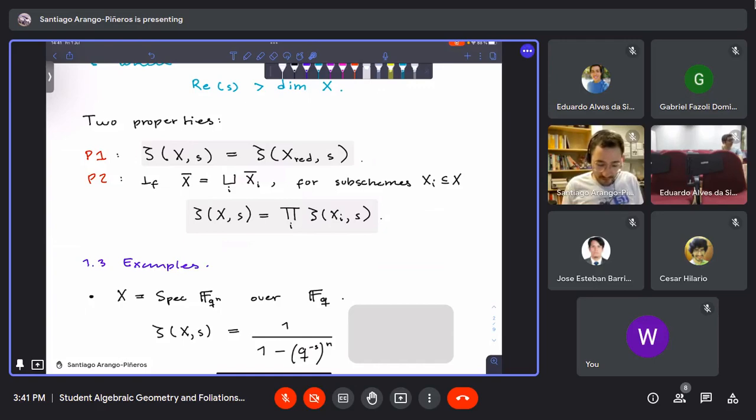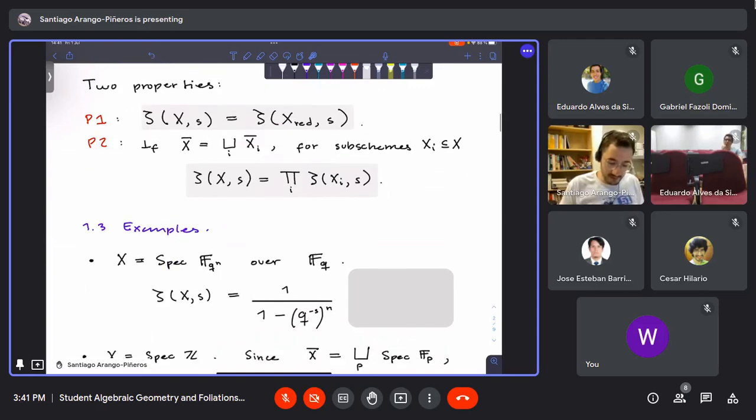So let's look at the spectrum of a finite field F_{q^n} considered as a variety over F_q. The ground field is always important for us. Just by definition, since we only have one closed point, this product has only one term, and this is the size of the residue field, just because we're looking at my scheme as a scheme over F_q.